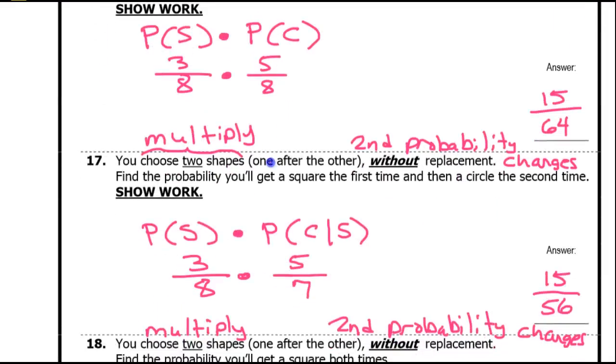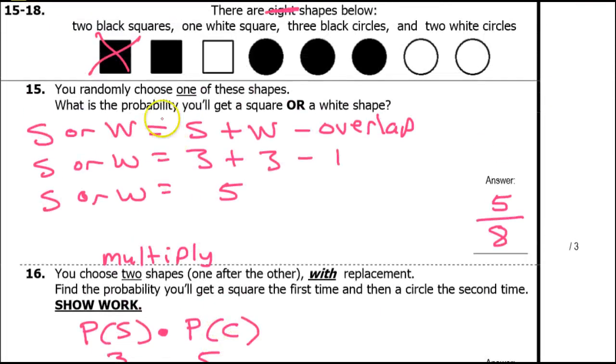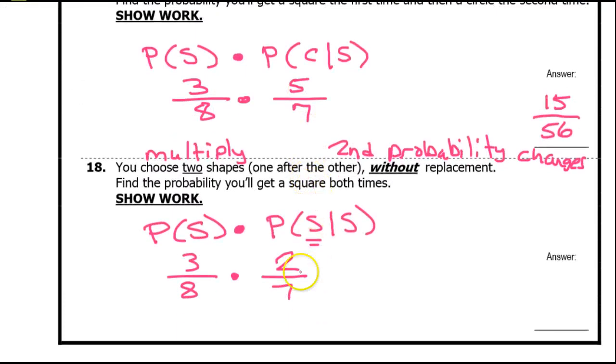So when we go to calculate the probability of choosing a square for the second time, the total is going to be 7 now, because there are only 7 shapes left. But there are only 2 squares. So the probability of pulling a square the second time is going to be 2 out of a total of 7. Alright, so that is going to be 6 out of 56.